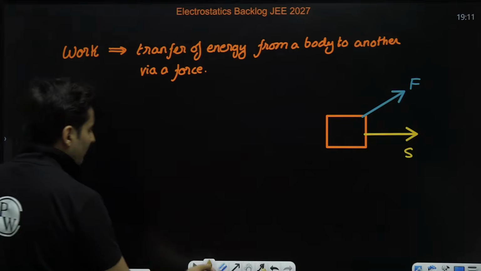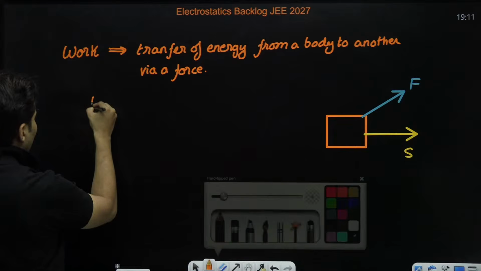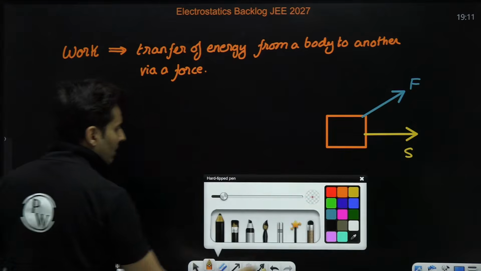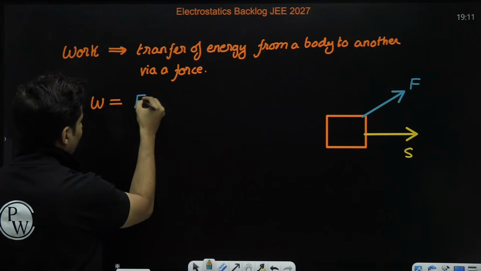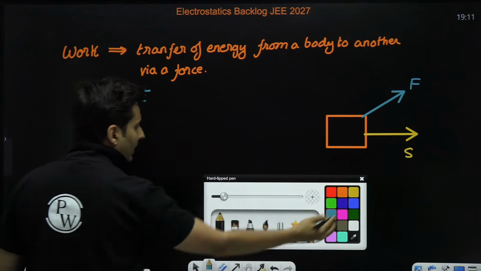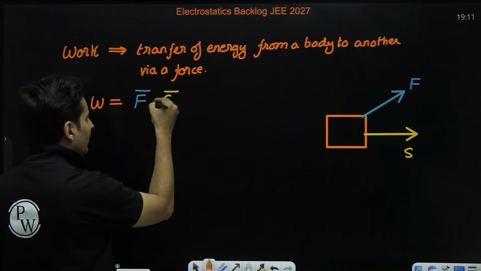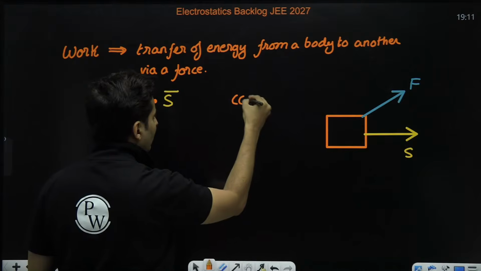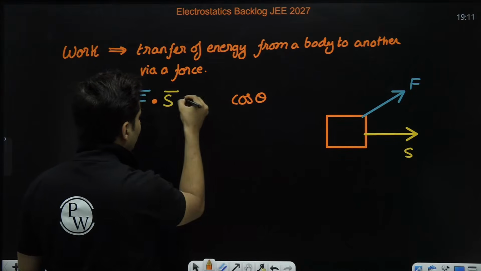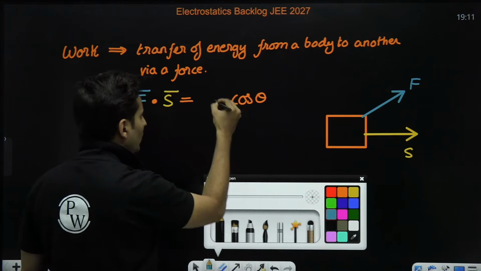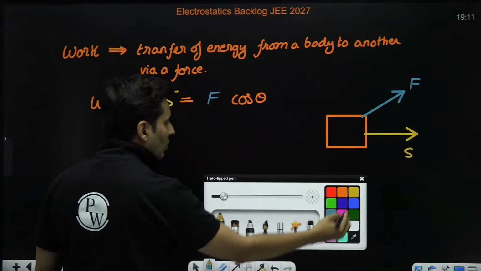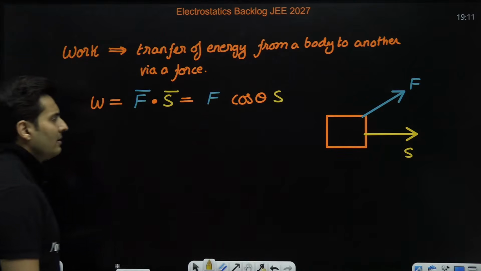And the formal definition of work goes like this. The work is nothing but your force vector dot producted with the displacement. That dot is nothing but cos theta. So simply put, it is the magnitude of the force into cos theta multiplied by displacement.